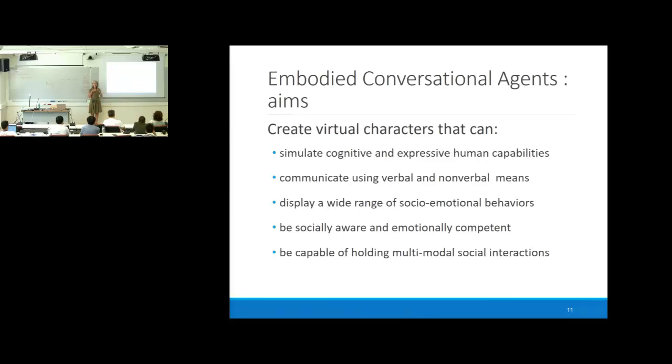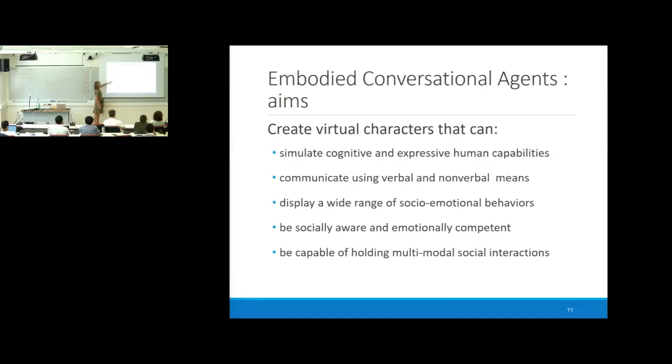If you have a body that normally implies you're going to move, and you don't, it's information, all right? So it should communicate multimodally. We want the agent, and this is often the hypothesis, to simulate human cognitive and expressive capabilities. So we refer to human data to build our models. This is a strong hypothesis for us.